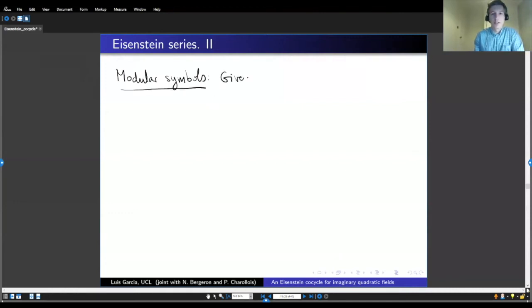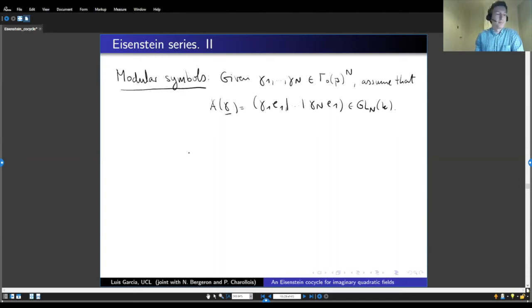So if you start with n matrices in Gamma_0 of p^n, let's assume that the matrix that you get by taking their first columns is invertible. Then you obtain a modular symbol, which comes from the following metrics.